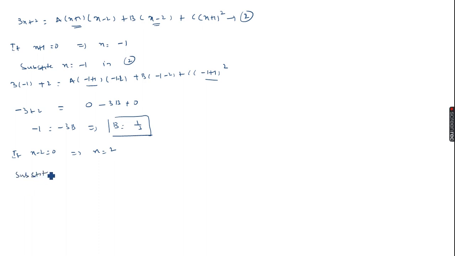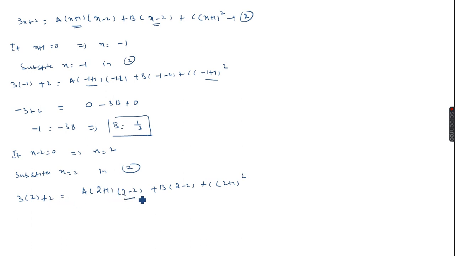Substitute x is equal to 2 in equation number 2, we get 3 into 2 plus 2 equals a into 2 plus 1 into 2 minus 2, plus b into 2 minus 2, plus c into 2 plus 1 whole square.